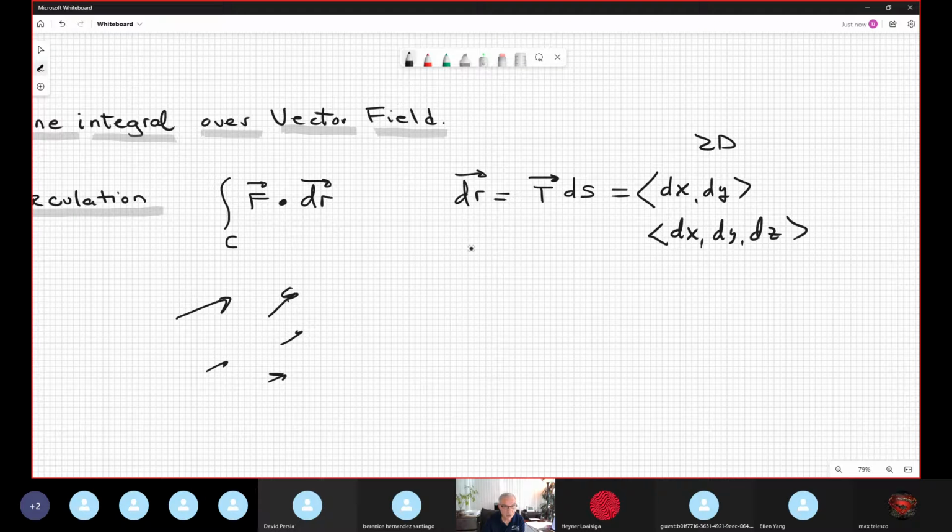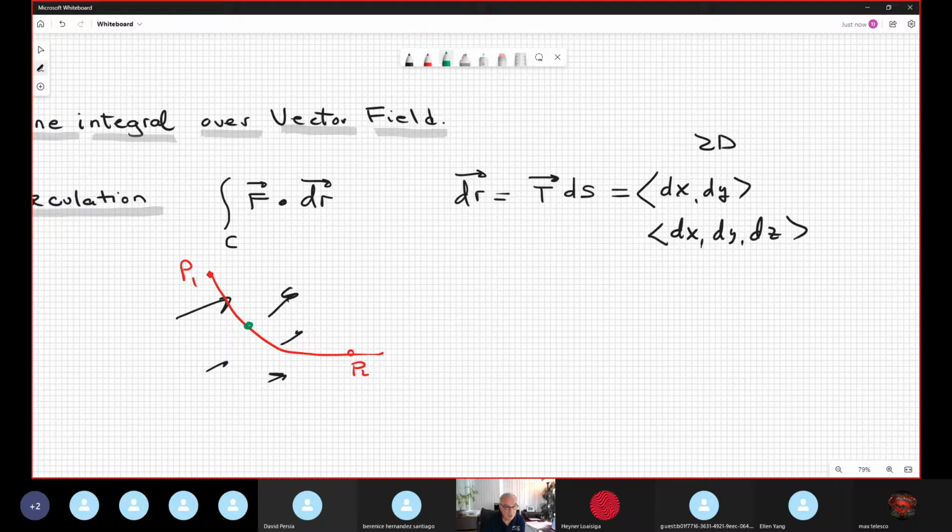And the formula is always given. We have the curve. I want to determine the circulation, the line integral circulation, between the point P1 and the point P2. Any point, suppose arbitrary.